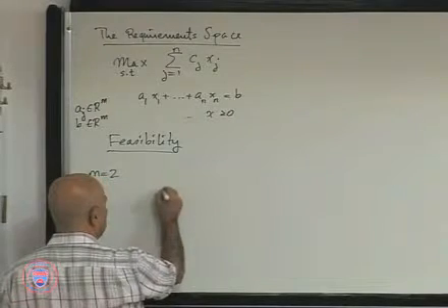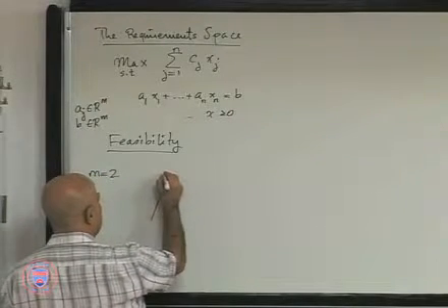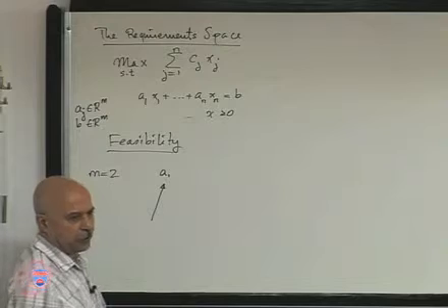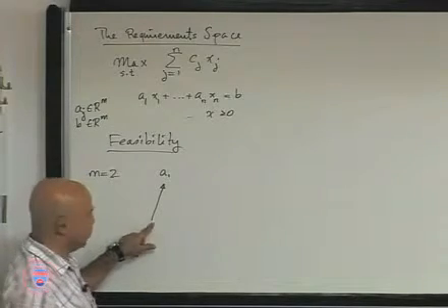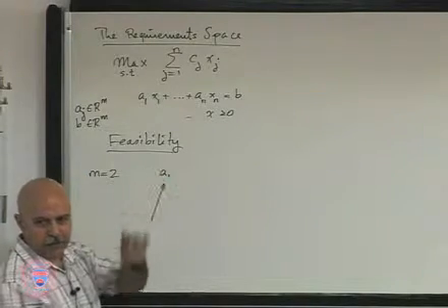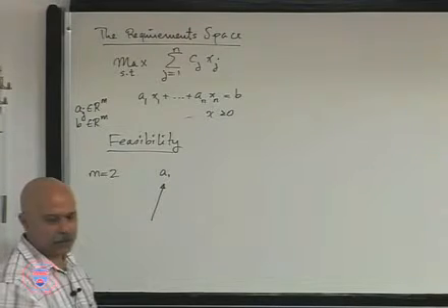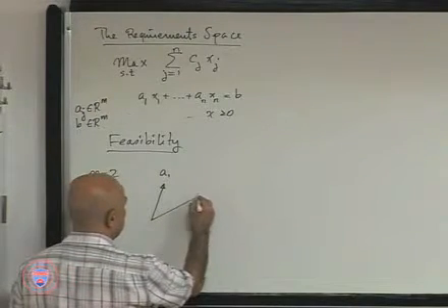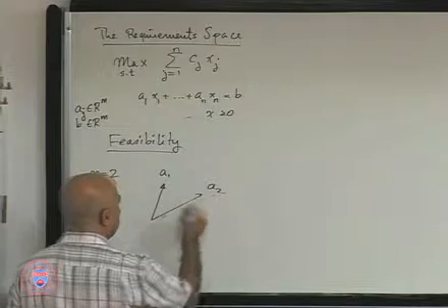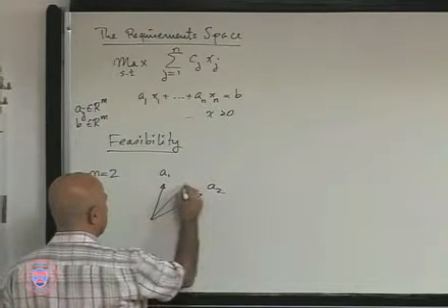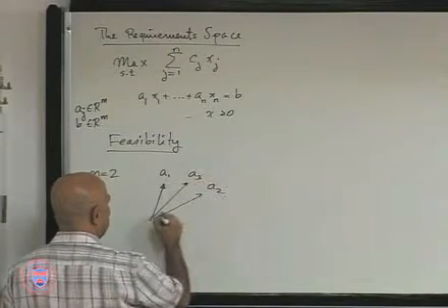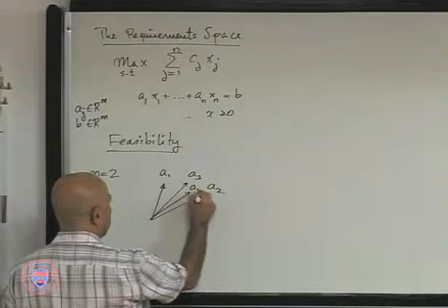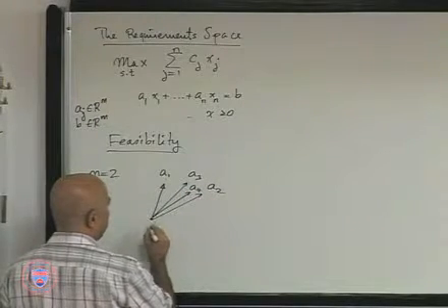is you're taking the first column, say this one, whatever it is, this is the origin, that's the point where that particular column represents. You take the second column, which could be this one. You take the third column, which could be this one. You take the fourth column, which could be that one, so on and so forth.